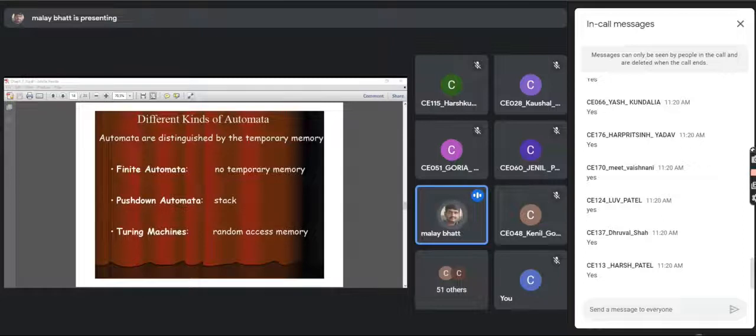Let me give a simple example to understand this. In case of a Turing machine, suppose I want to play an MP3 file. Now, can I use Microsoft Word to play the MP3 file? The answer is definitely no. The reason is that when you open Microsoft Word, your Turing machine behaves as word editing software.